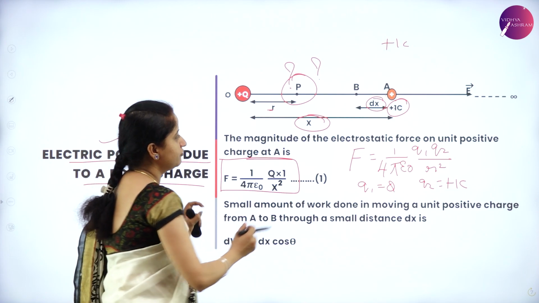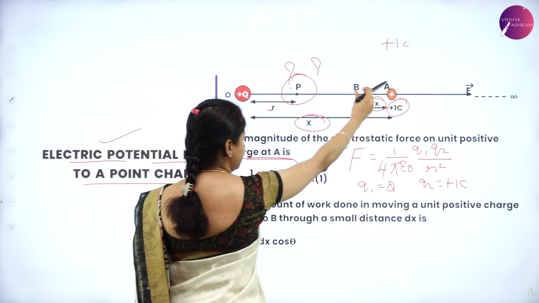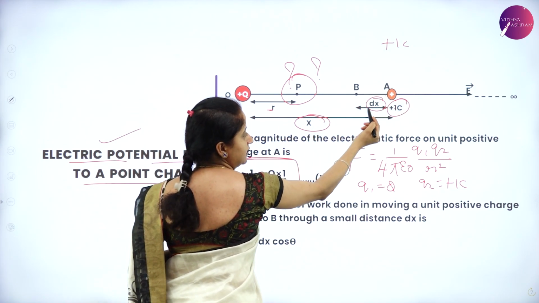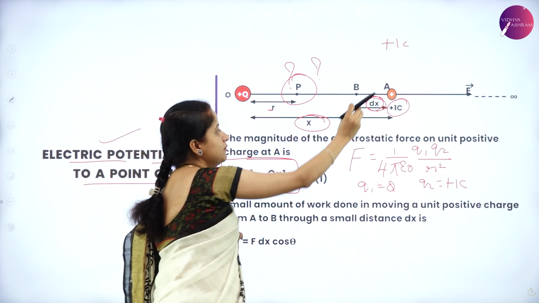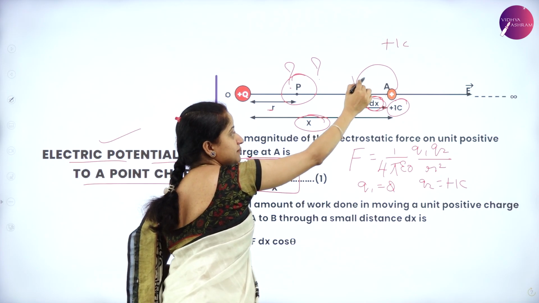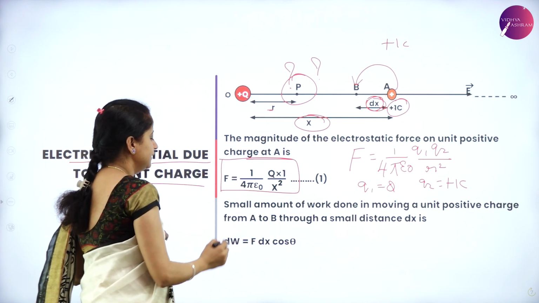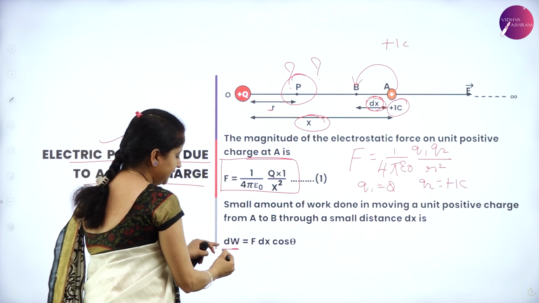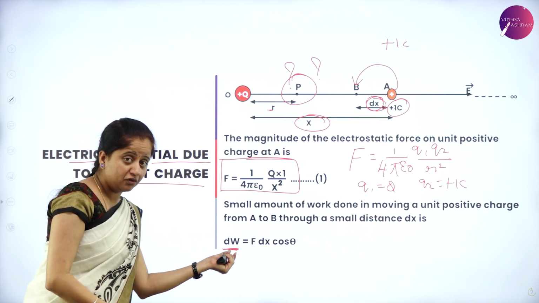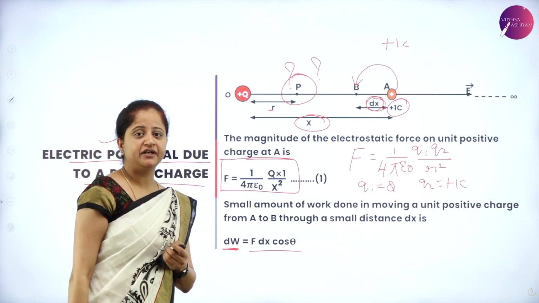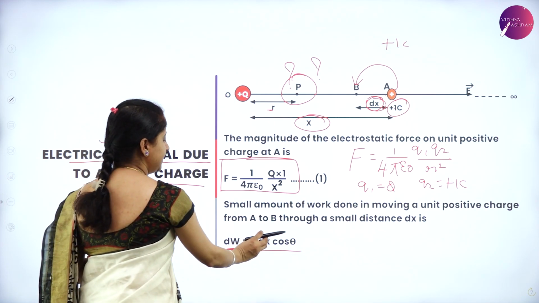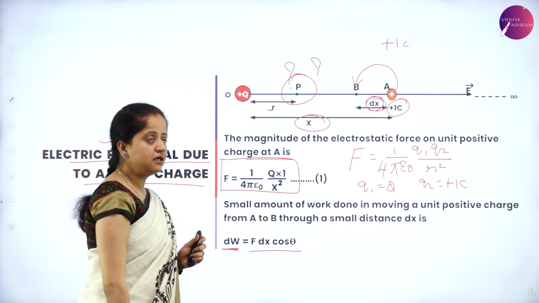So a small amount of work is done in moving a unit positive charge from A to B. You can see here dx is a small distance moved by the charge. The small amount of work done to bring a charge from A to B can be represented as dW, which means a little amount of work is done. So we know work done is equal to F into dx cos theta, where dx is the displacement and F is the force.